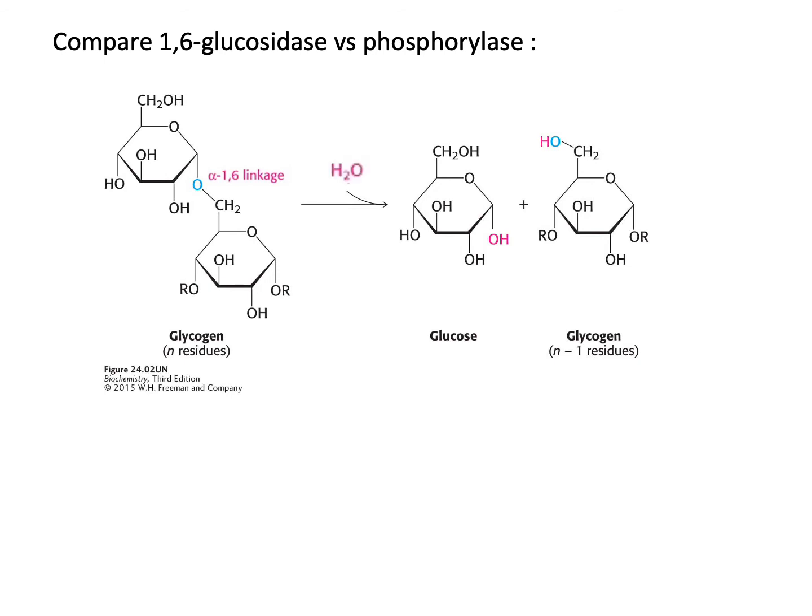At this time, it will undergo a hydrolysis reaction catalyzed by alpha-1,6 glucosidase, releasing one glucose and leaving the glycogen with one less residue. So alpha-1,6 glucosidase will break down the alpha-1,6 linkage and release one glucose.